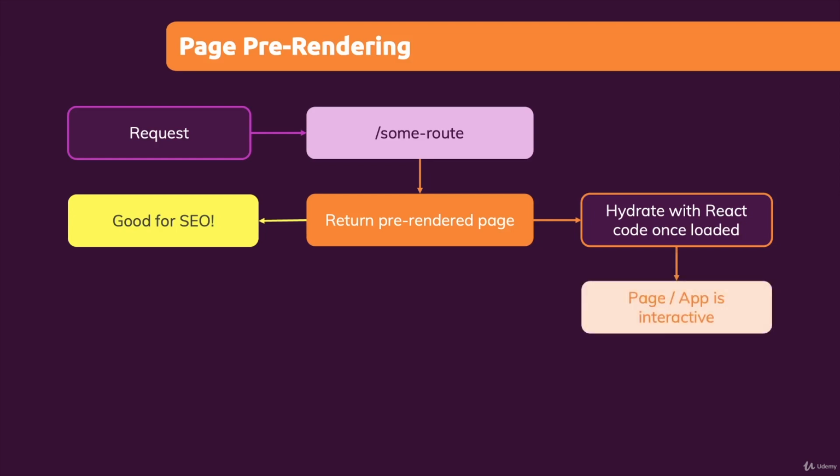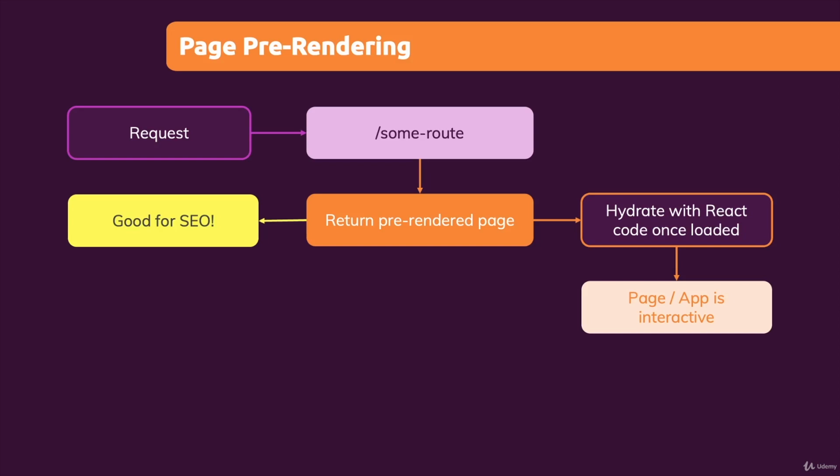That is great because now we have an interactive page or app. But we did send back that pre-rendered page initially so that all the core content was already there right from the start, and so that search engine crawlers, for example, also see that entire page with all the content.